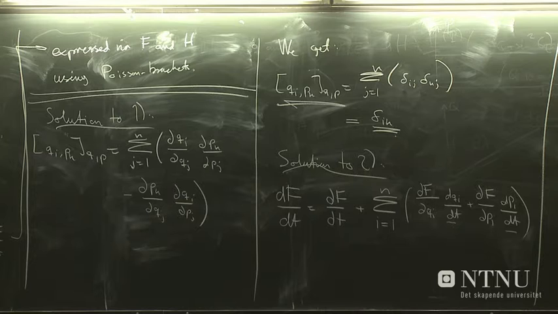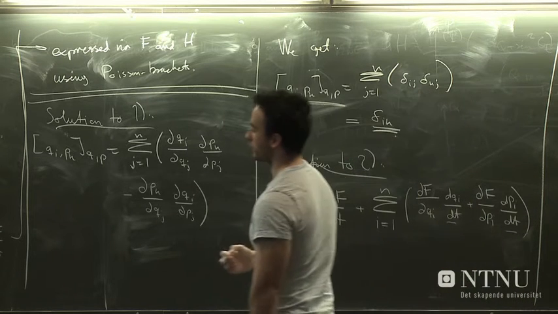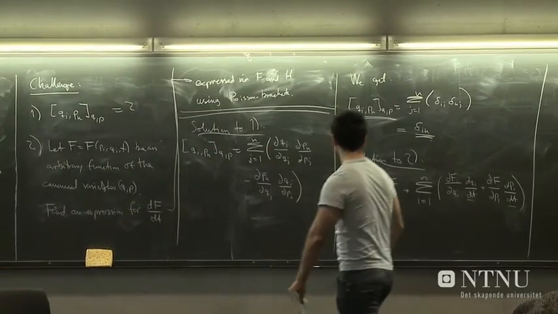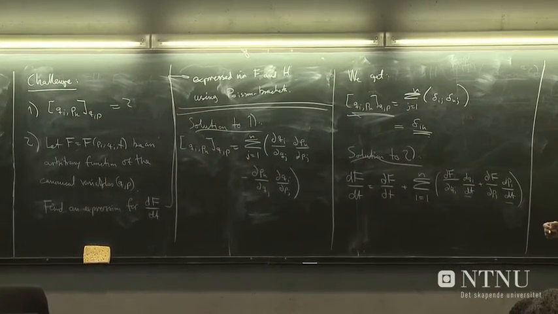And what do we then state about these coordinates? What's the condition on the coordinates? If we read the problem text, I assume that f is an arbitrary function of the canonical variables. So that's the key word. Since q and p are canonical variables, we know that they satisfy Hamilton's equations.